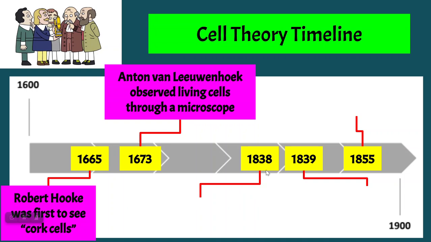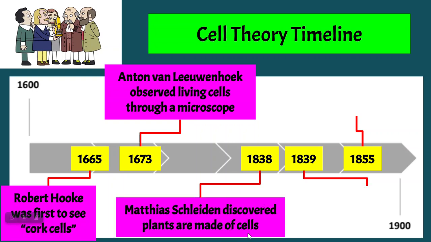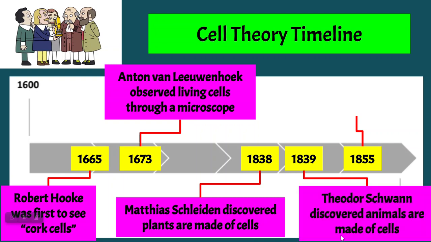All right, then please double check your timeline, because in 1838, Matthias Schleiden discovered that plants are made of cells. And in 1839, just a couple months later, Theodor Schwann discovers that animals are made of cells. They are super close together in time, but I'm going to say Schleiden came first with his plants are made of cells idea.